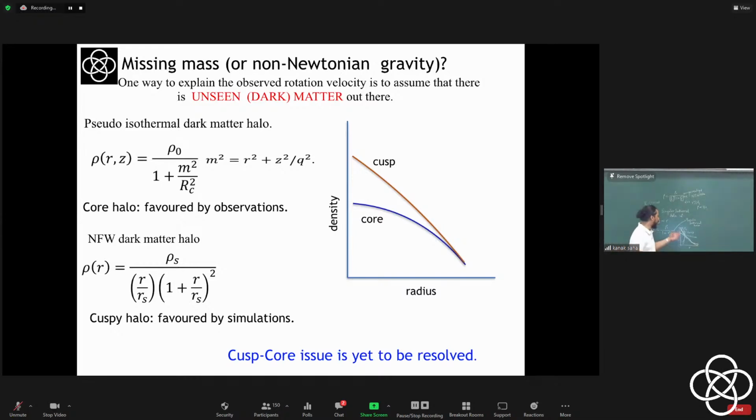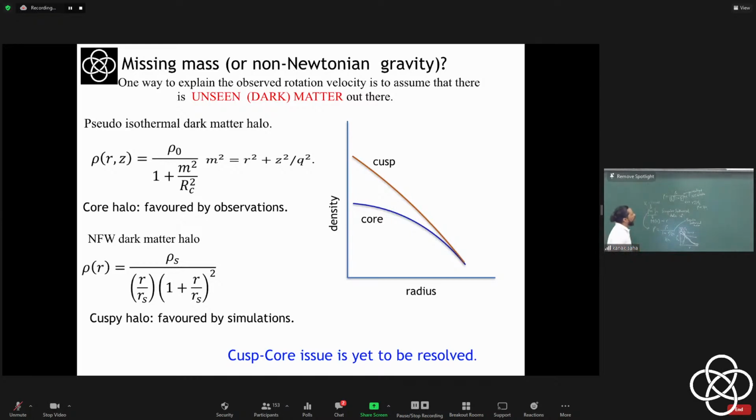There are various ideas. People think that maybe the dark matter halos are produced cuspy, and later on the cusp is destroyed and flattened, and that's why you see a core profile in the context of modeling this dark matter.